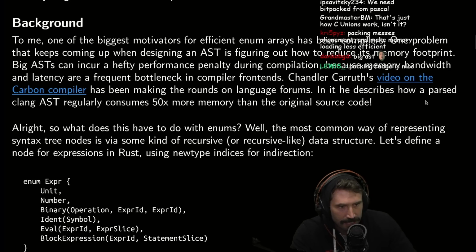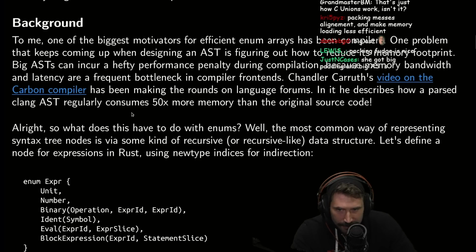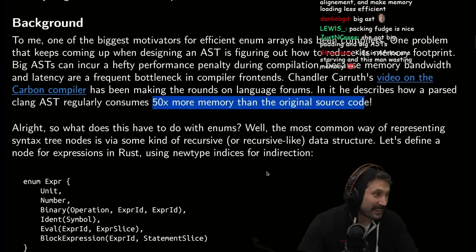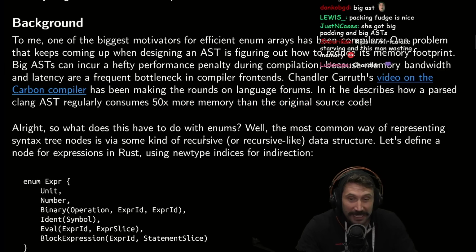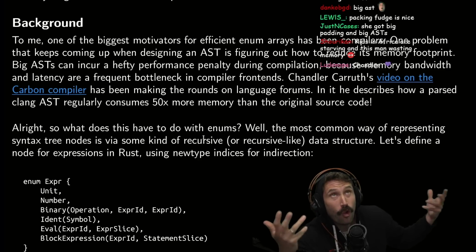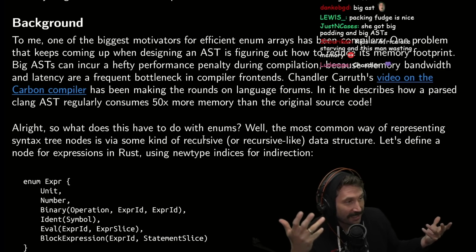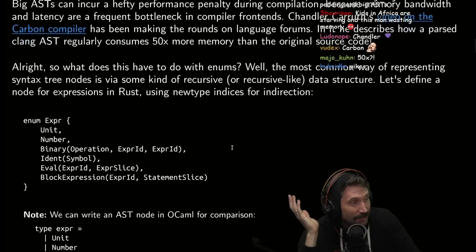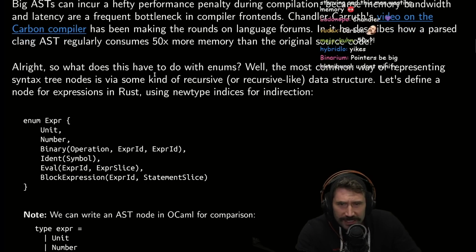In it, he describes how a parsed Clang AST regularly consumes 50x more memory than the original source code. Dang, that's a lot. I mean, think about it. Source code is largely white space, too. There's so much white space in code. And you're telling me that it's like 50x more memory? That's crazy.